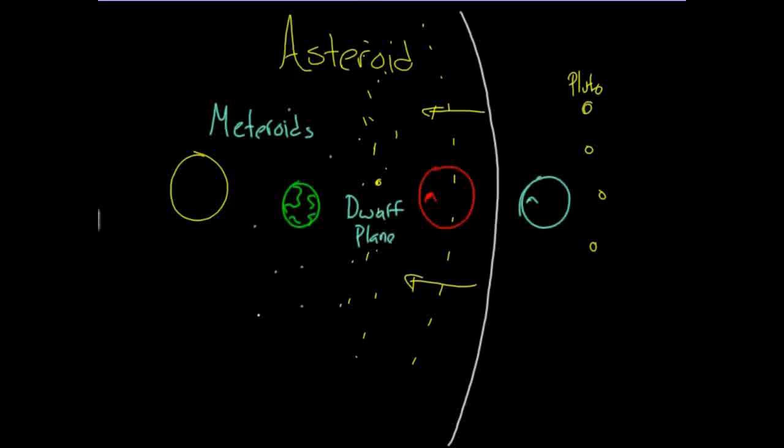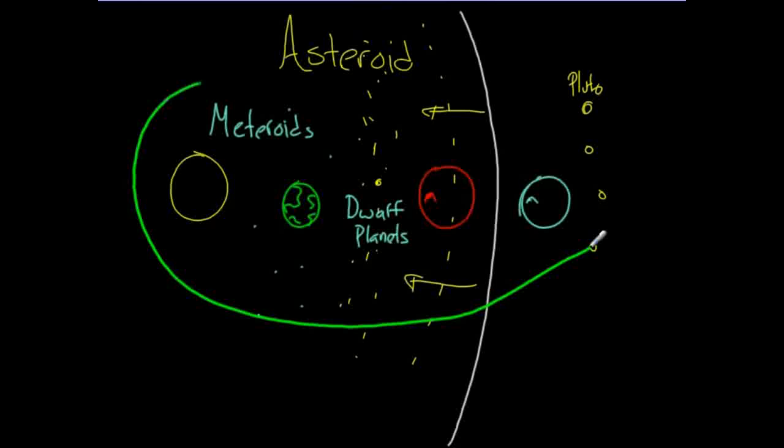And sometimes those trans-Neptunian objects, those objects past Neptune, will get dislodged and they're going to come in towards the inner solar system. And when they do, they make this nice long orbit around the sun, coming way back out past Neptune at the end.